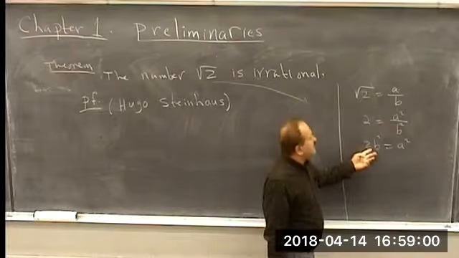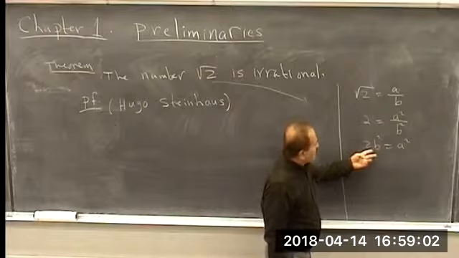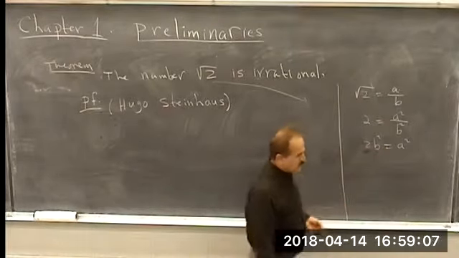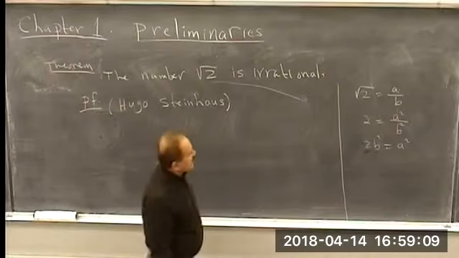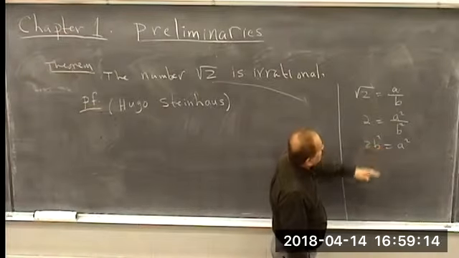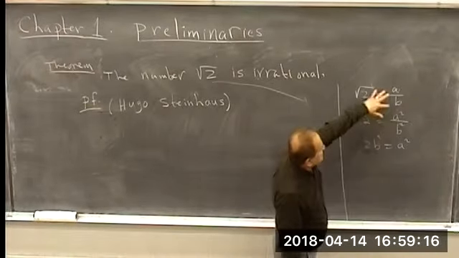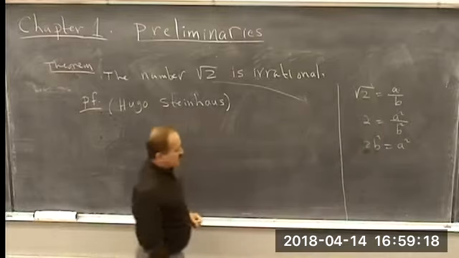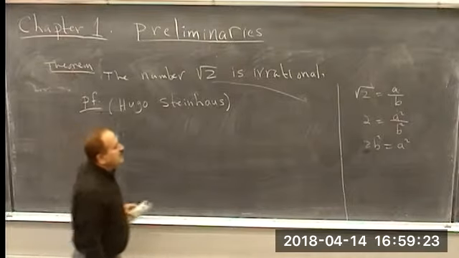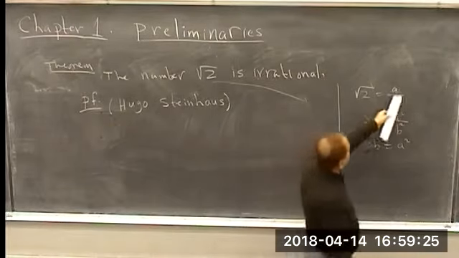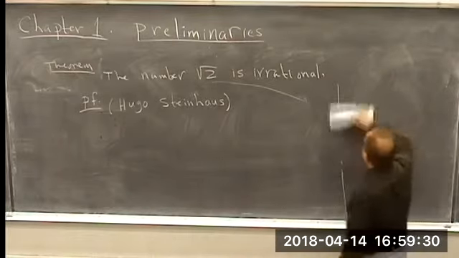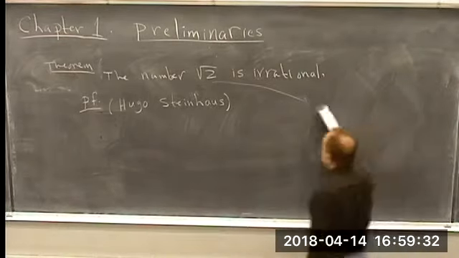From here you conclude that a itself is going to be even. This needs a proof, of course. Then you find a contradiction because the a and the b that you started with actually have 2 as a common factor, which contradicts that from the very beginning you assumed they don't have any common factor. This is the way it is done in many places.